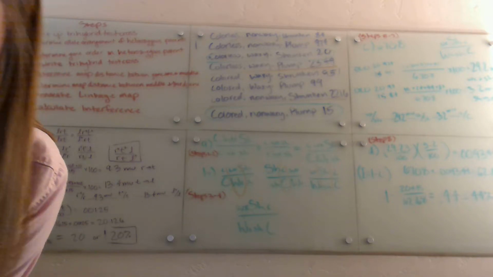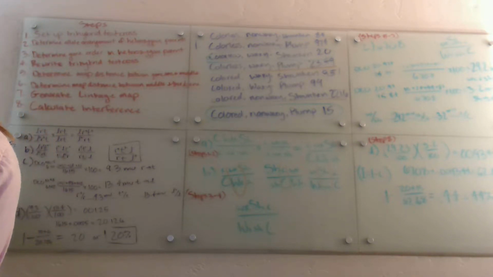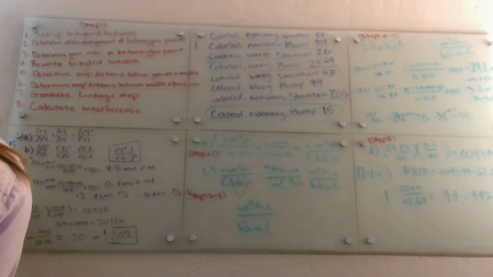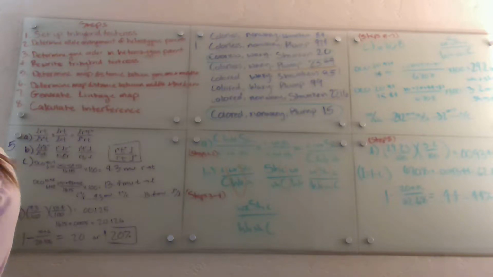So non-waxy is dominant, waxy is recessive. And capital SH, which is dominant, and lowercase sh, which is recessive, result in plump versus shrunken. So plump is dominant and shrunken is recessive. When plants grown from seeds heterozygous for each of these pairs of alleles were test crossed with plants from colorless, waxy, shrunken seeds, the progeny had the following phenotypes.